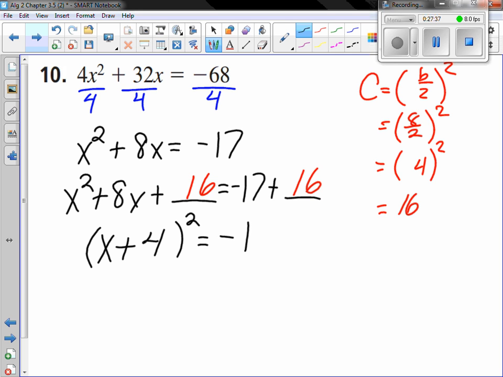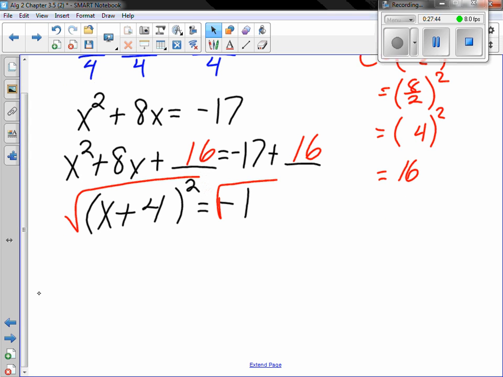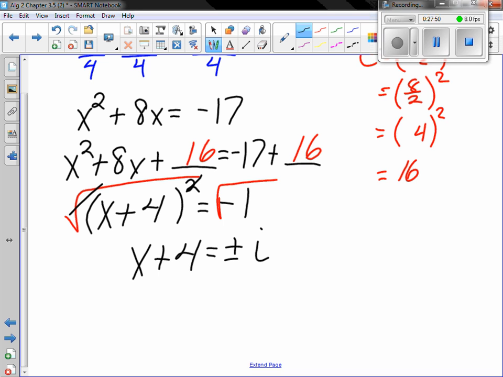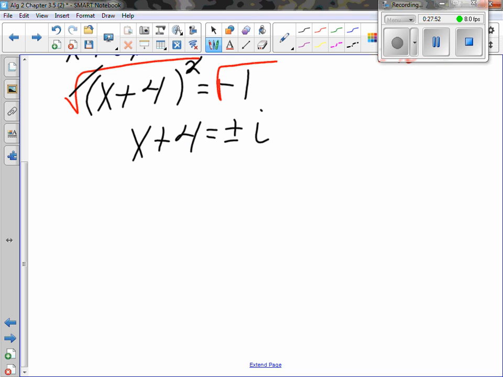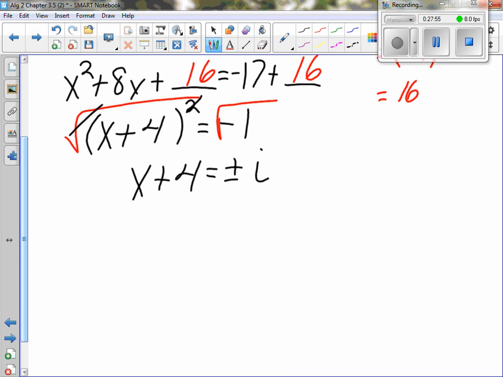What do we need to do next? Square root both sides. Any questions on any of this here so far?